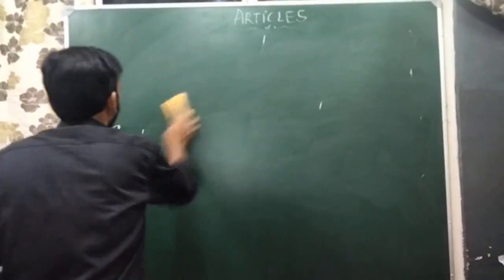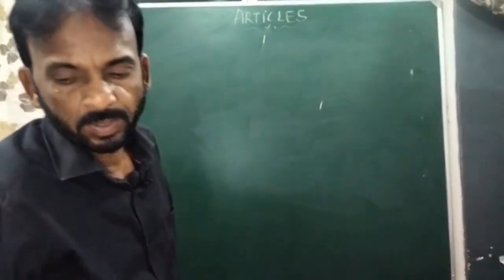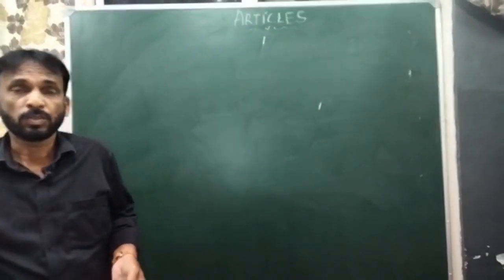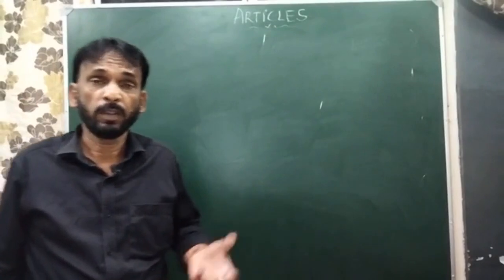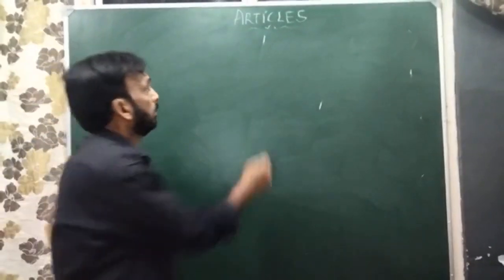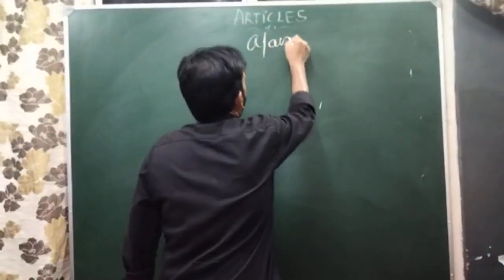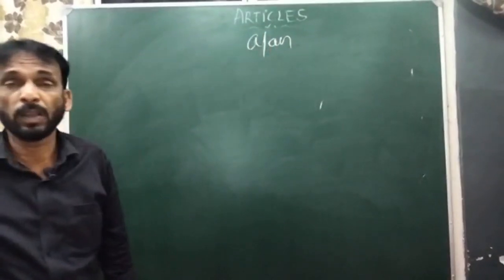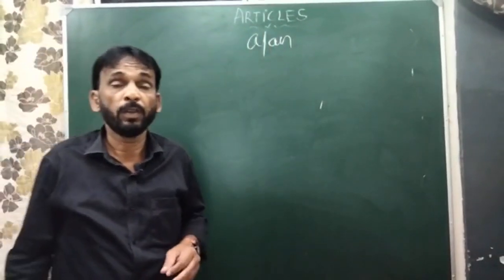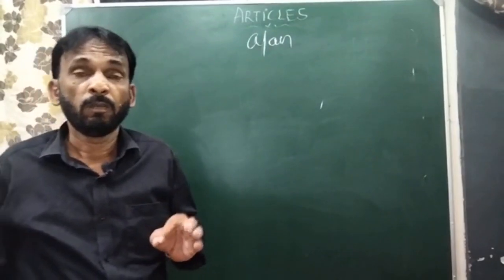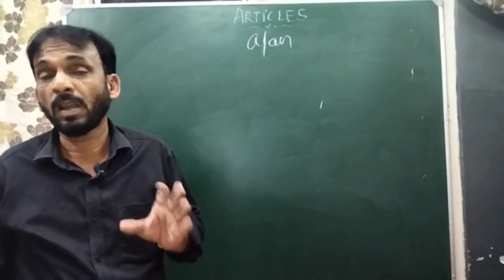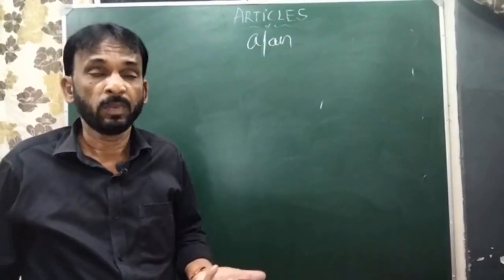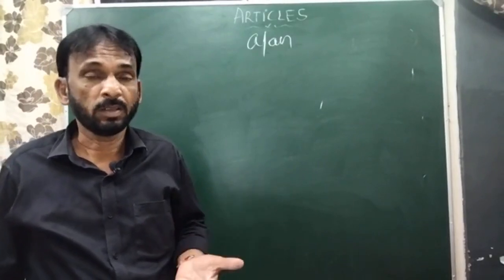The next one is which article we have to use, a or an. Which article we have to use when a noun, listen carefully, when a noun follows an adjective. Adjectives also describe nouns like articles.